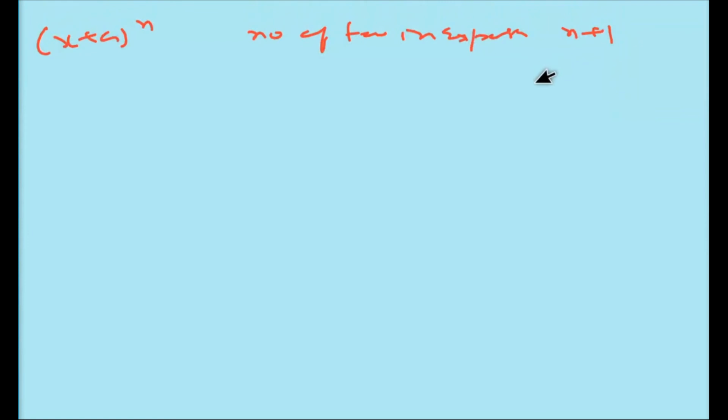This value we get this way, that is equal to (n plus 1)C1. The value of this is n plus 1. Okay, if there are 2 terms.